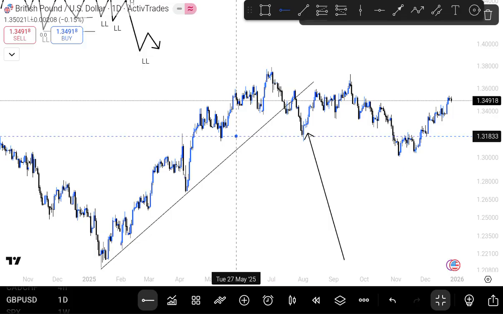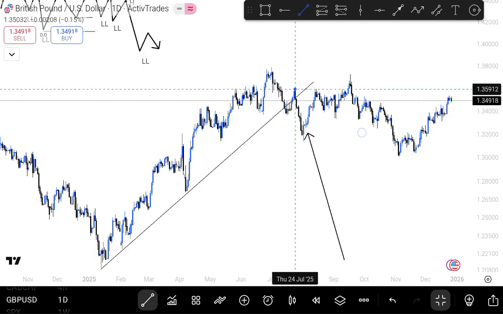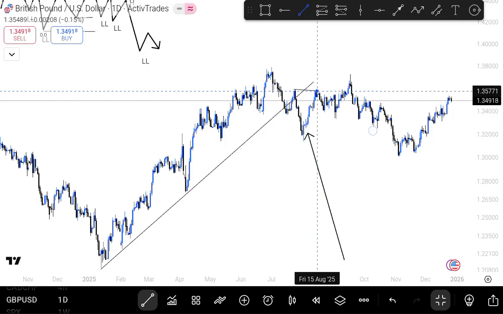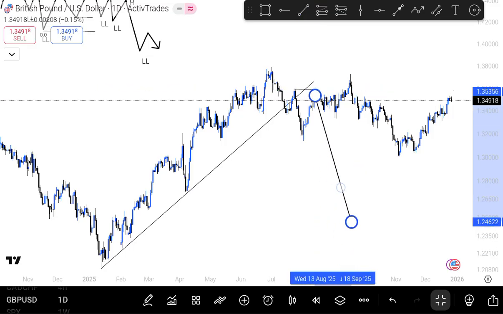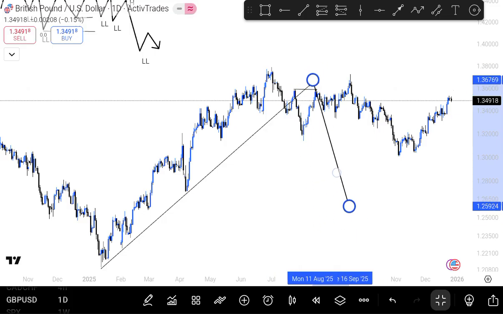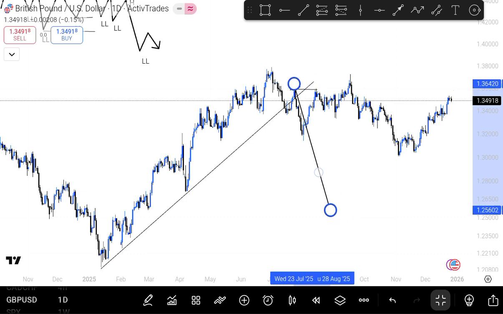It failed to take this high, and the market took this particular lower high. It took it up. Then we can say, okay, probably we can wait, maybe the market is about to continue its trend.